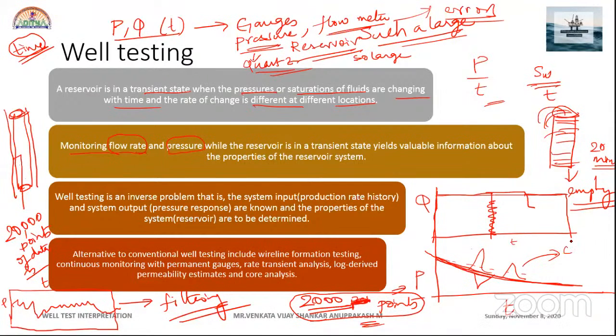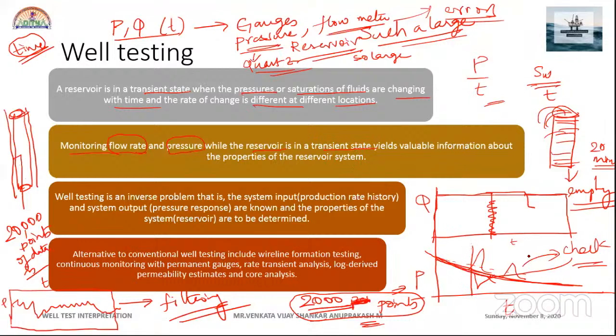We should check what is the reason for that. That is why we monitor the flow rate and pressure while the reservoir is in the transient state. Now, what do you mean by this transient state?